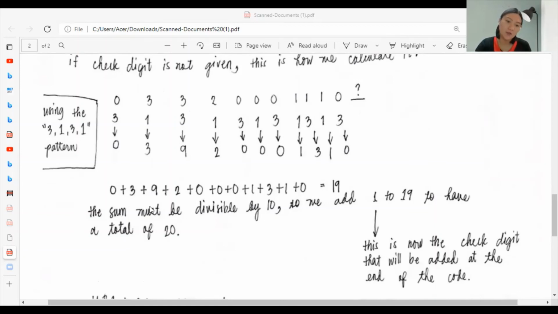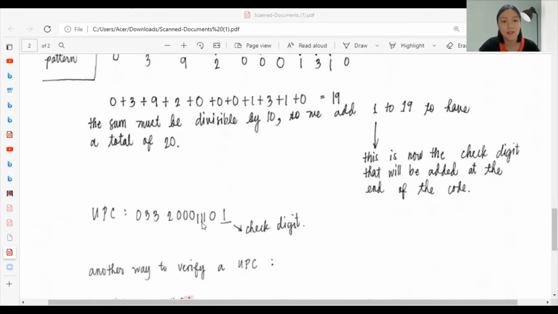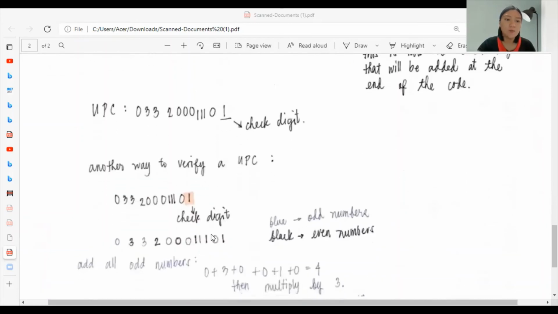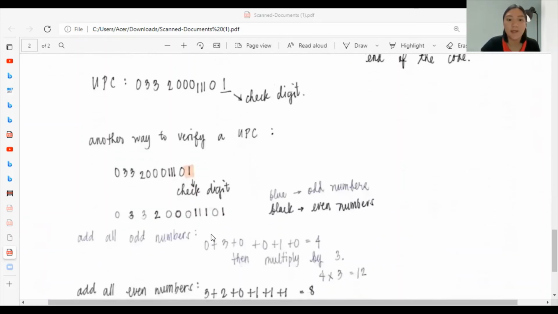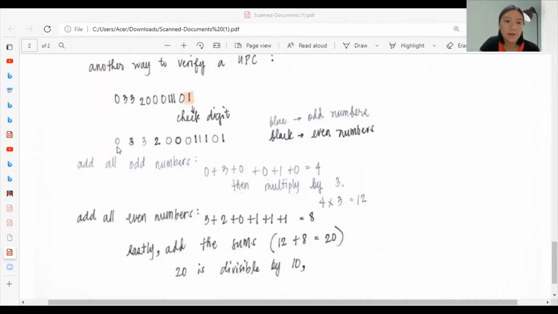So back again to the golden rule, the sum must be divisible by 10. So 1 is the check digit that will be added at the end of the code.